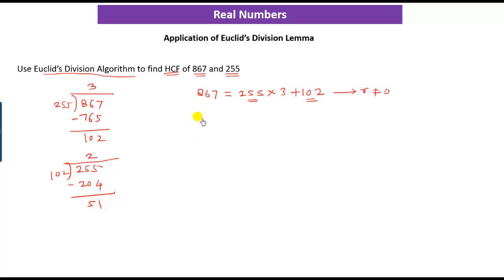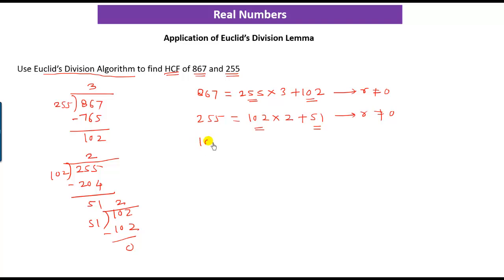So we write this as 255 equal to 102 multiplied by 2 plus 51. Here again the remainder is not equal to 0, so divide 102 by 51. So 102 by 51 will be 51 2s are 102, so the remainder will be 0.